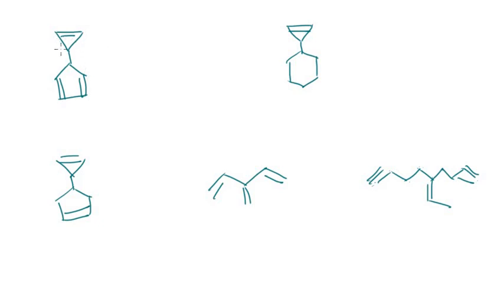Now both have the double bond, but more double bonds are present in the ring. And if both have the double bond, then we will see the longest carbon chain. The longest carbon chain is present in this particular group, so 1, 2, 3, 4, 5.